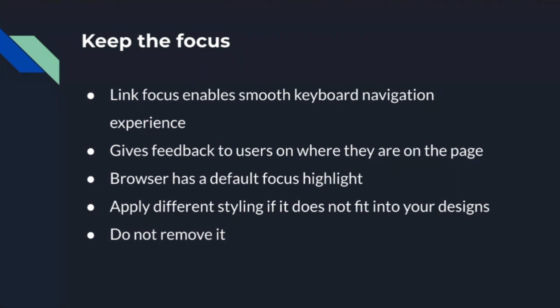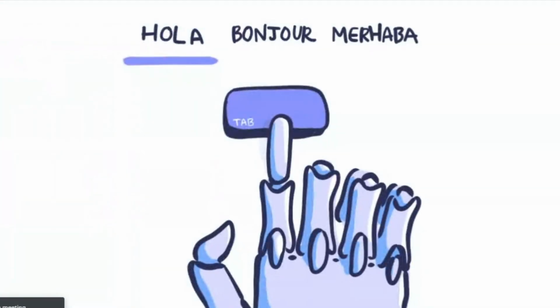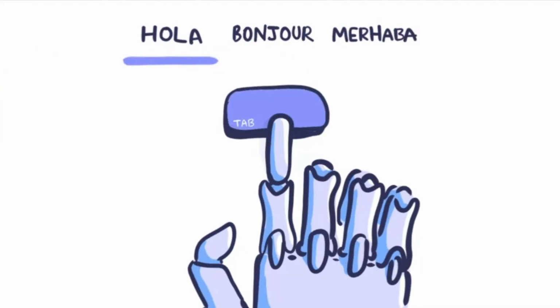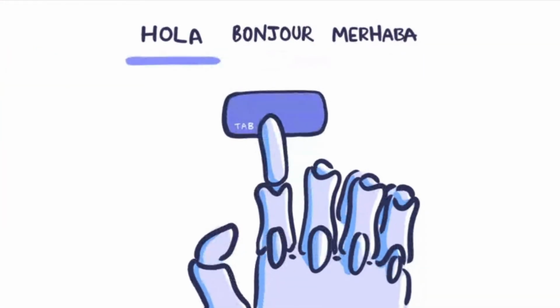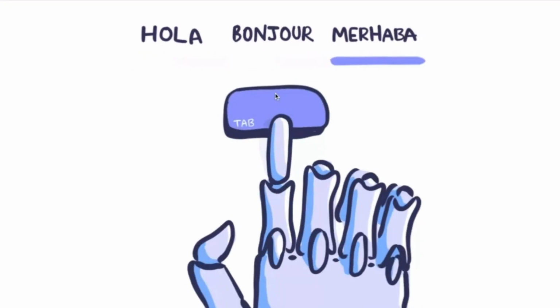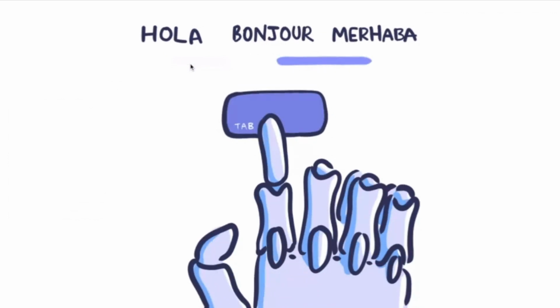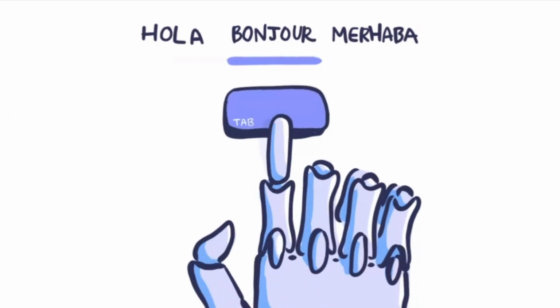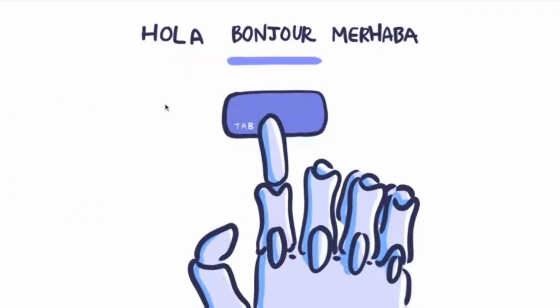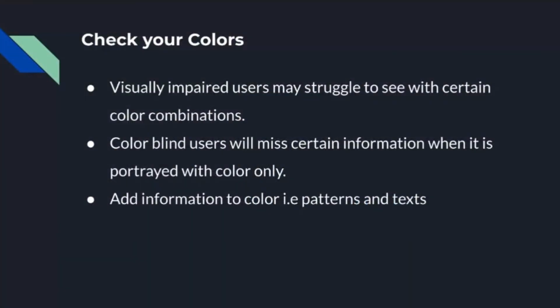So if you feel like this focus is ugly, you can always style it to look differently and to match your designs. So here is also another video to show what exactly I'm talking about. So if I'm tabbing with a keyboard, I'm able to know, okay, I'm at this particular link. But if I remove it, a user won't be able to know, especially if I'm navigating with a keyboard. So this is very important.